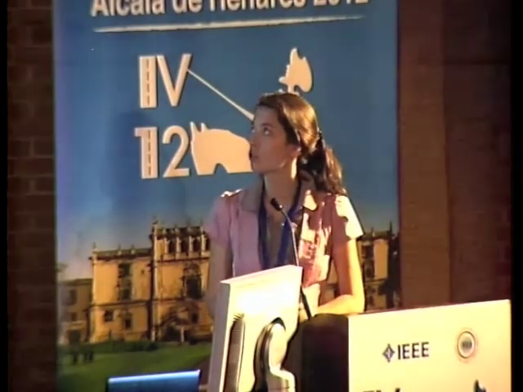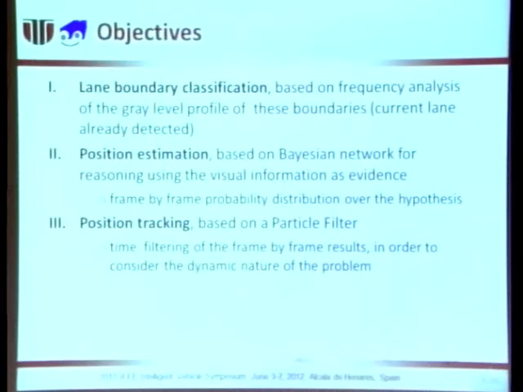The second objective is position estimation based on a Bayesian network that performs per-frame reasoning based on the visual evidence and provides a probability distribution over the set of hypotheses, which are the number of lanes of the current road. And the final step is to track in time the per-instance result to obtain more stable results and to consider the dynamic nature of the problem.